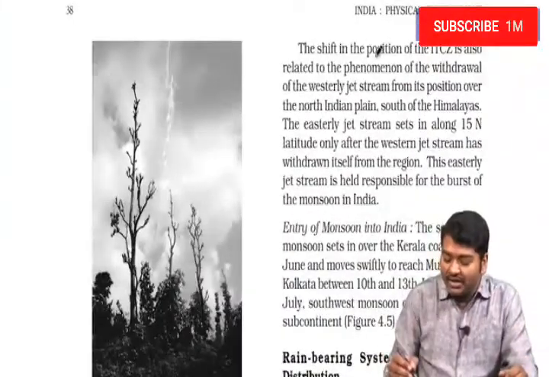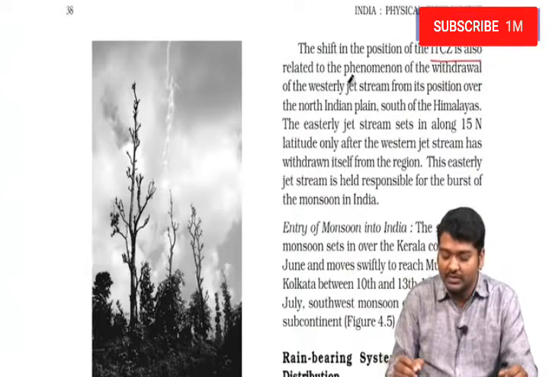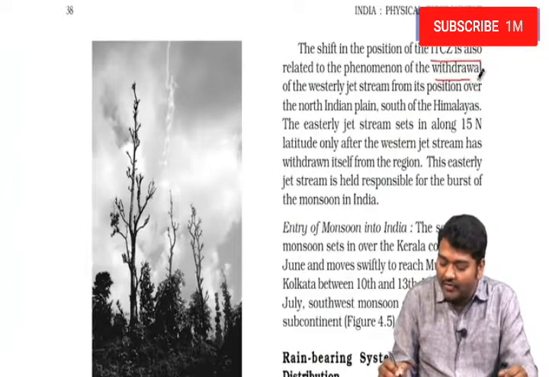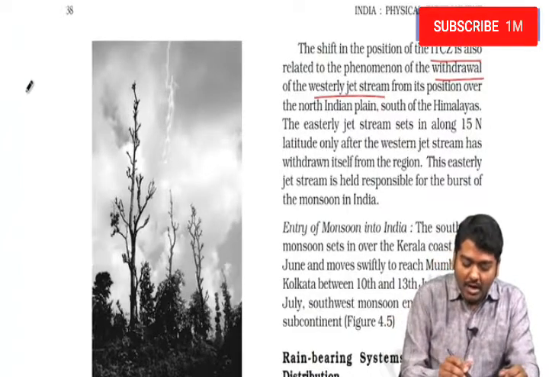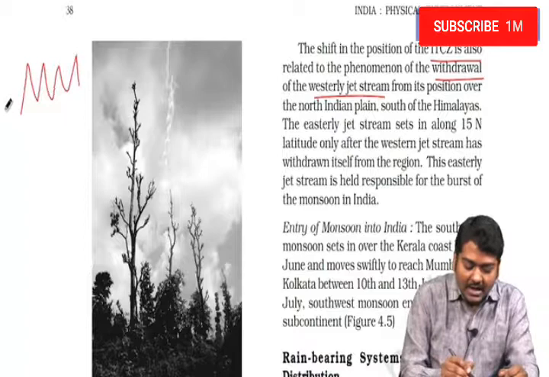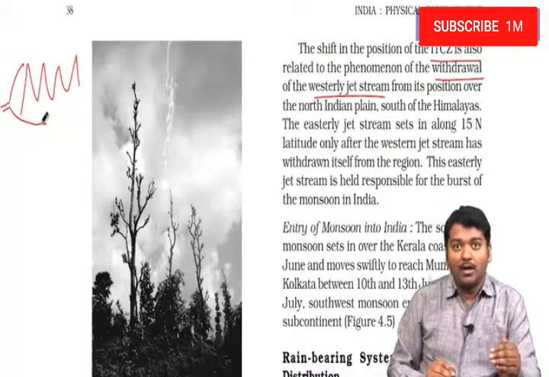And then we need to understand that the shift in the position of ITCZ is also related to the phenomenon of the withdrawal of the westerly jet stream. I have already told you that when you have the Himalayas, the jet stream first comes and hits, one portion will go down, one portion will come below the Himalayas.